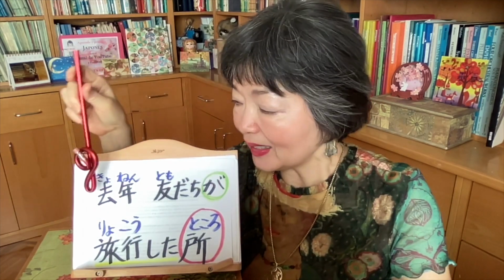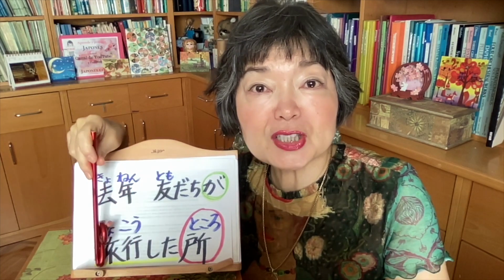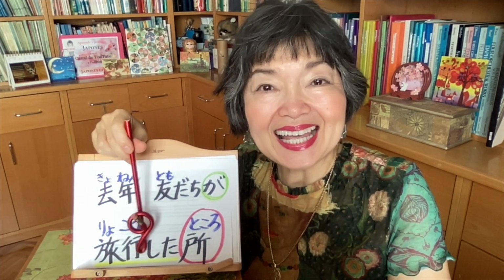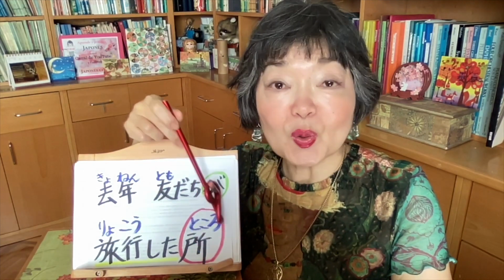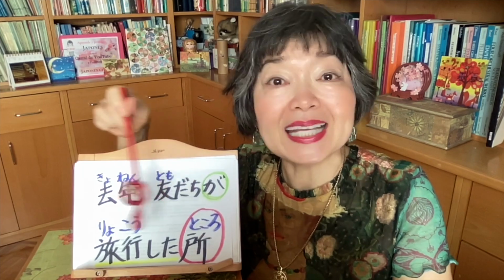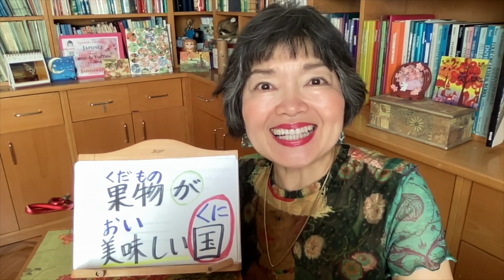So 去年友達が, and 旅行しました you must change to 普通形, the plain form, 旅行した. And the last one, ところ, the place. This is the noun that we were explaining. 去年友達が旅行したところ.